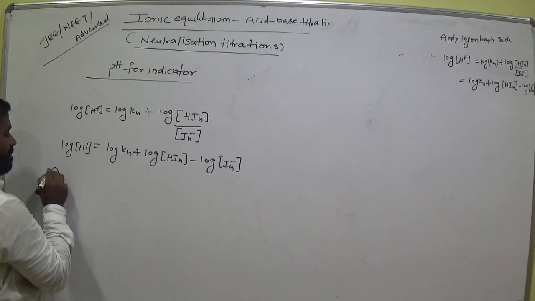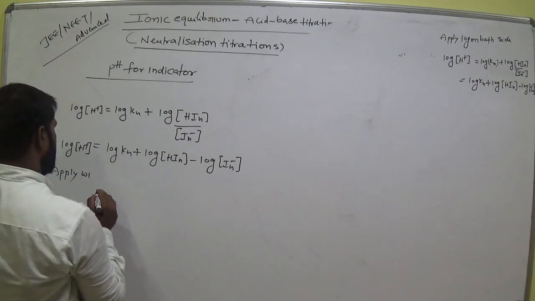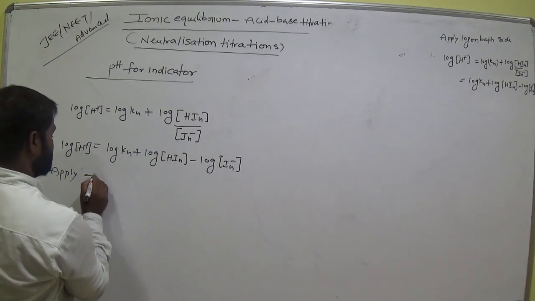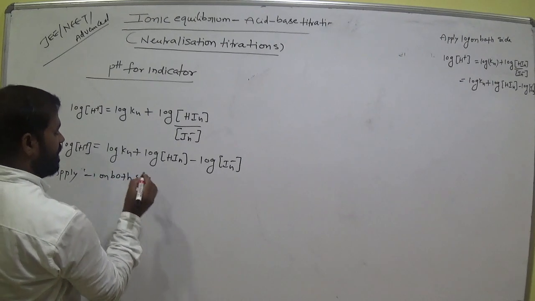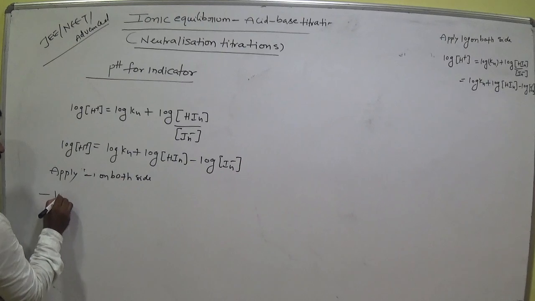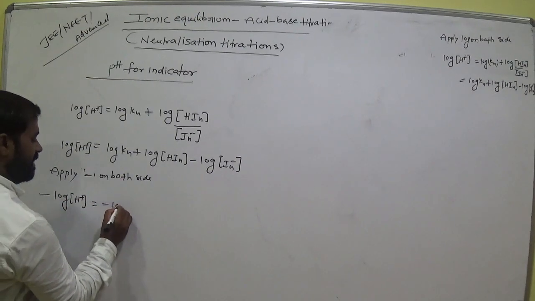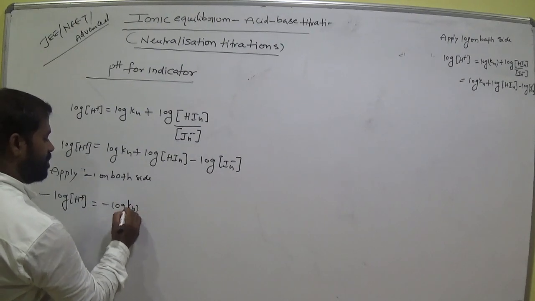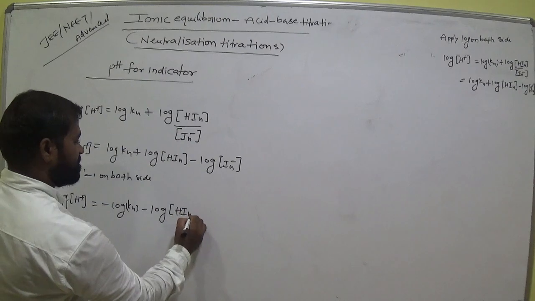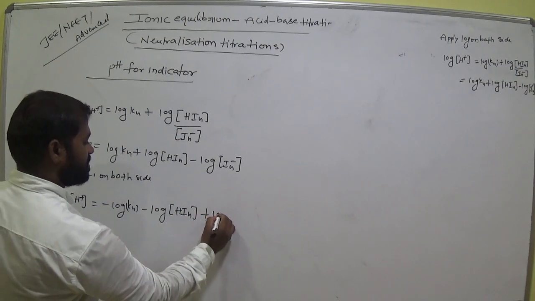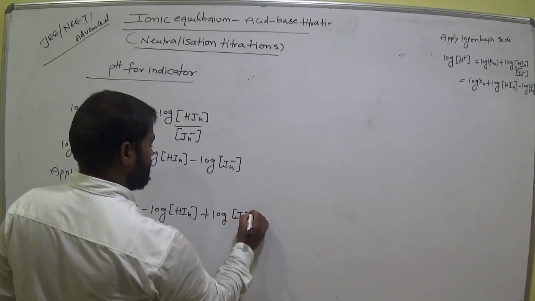Okay. Now apply minus on both sides, or multiply by minus on both sides. So minus log H plus equals minus log Kin minus log HIn plus log In minus.